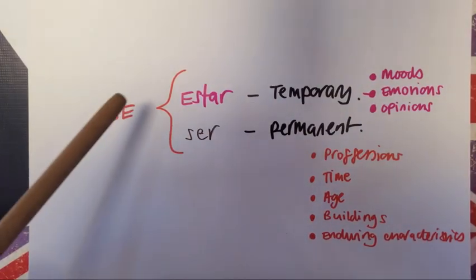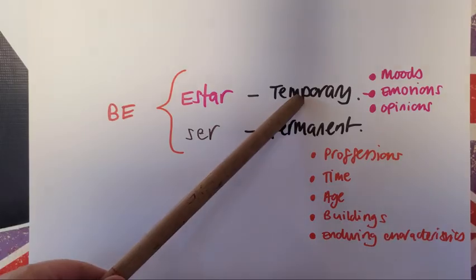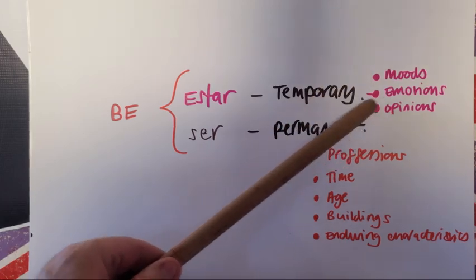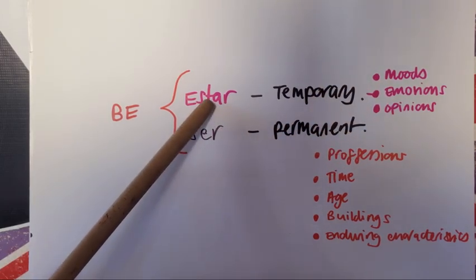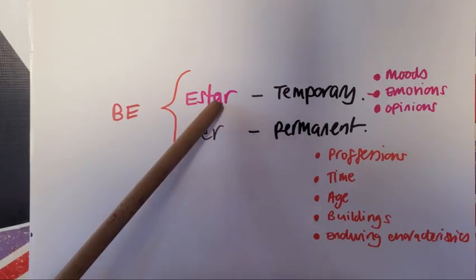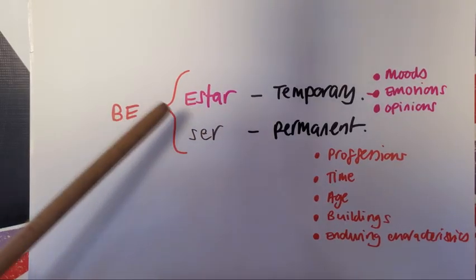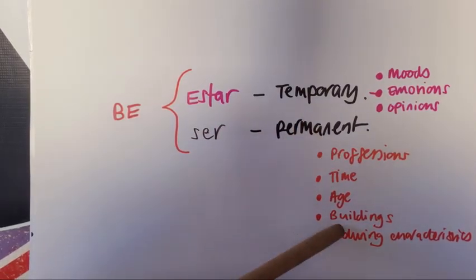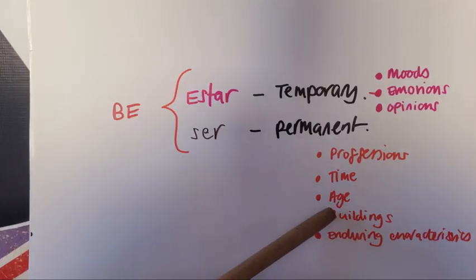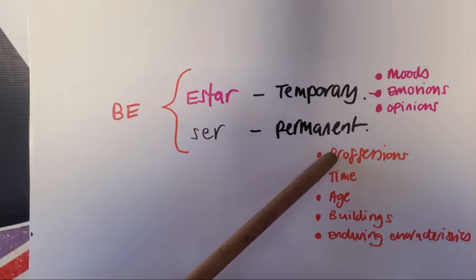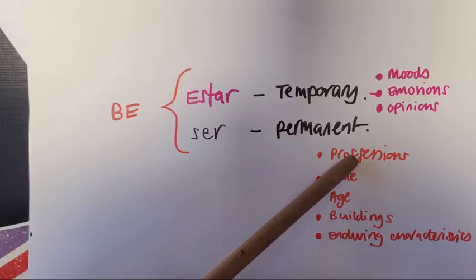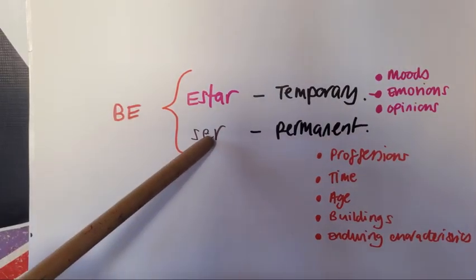So for temporary states, moods, happiness, emotions, feelings and opinions, Spanish translates as estar. Use the verb estar to translate to be. And for permanent states such as buildings, a building is kind of permanent, a profession, like if you're a banker, builder, plumber, dancer, singer, professions are also translated using ser.